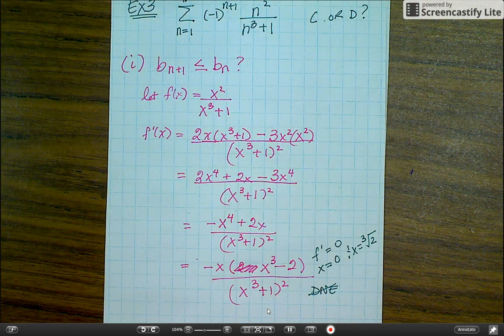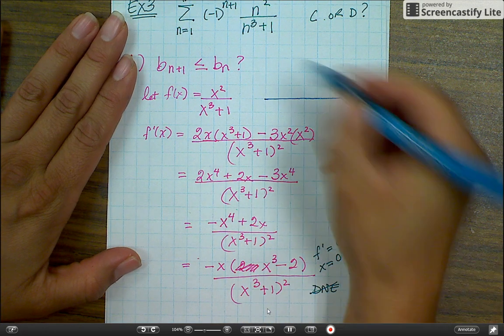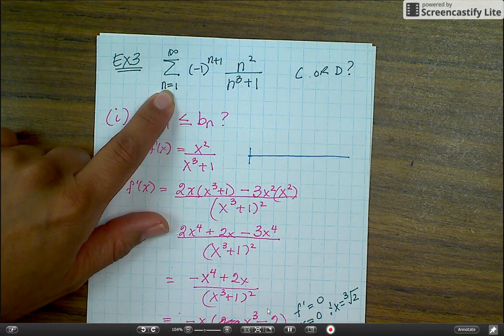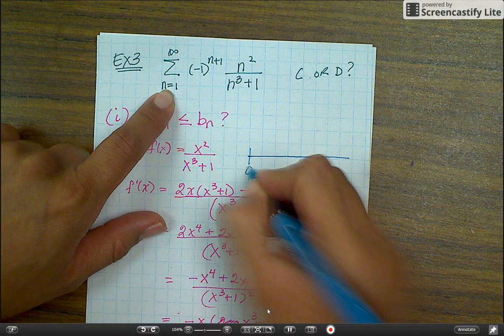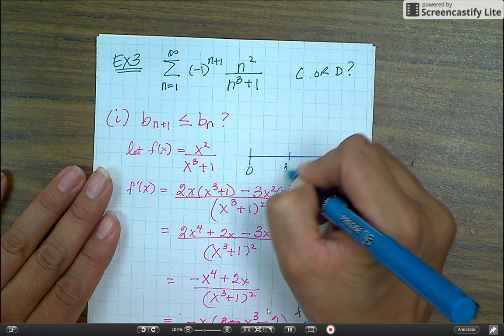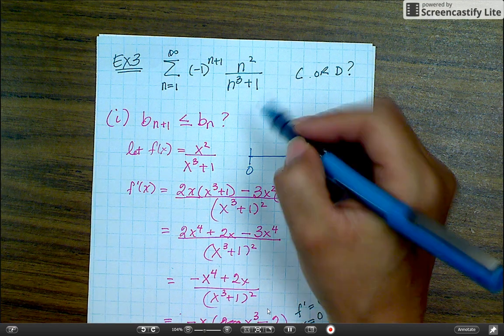So I'll do a number line up here. We really only care when it's positive anyways because all these n's start when it's 1. Okay, so anyways, so here's when it's 0 and cube root of 2. This is when it's 0 as well.